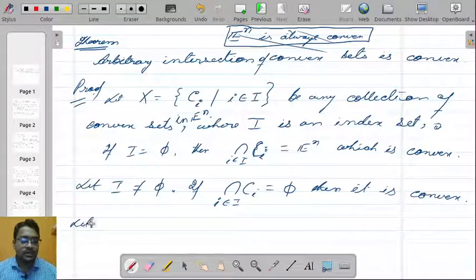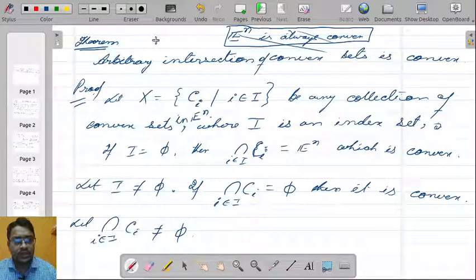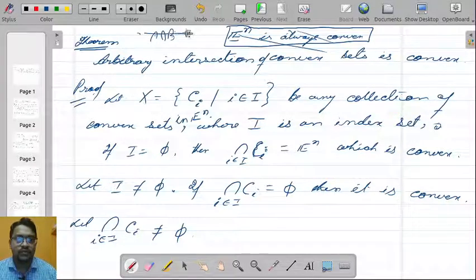In the proof for the intersection of two convex sets being convex, you may also mention this part: if A intersection B is phi, then phi is a convex set. Probably I missed that part. So let the intersection not be equal to phi.